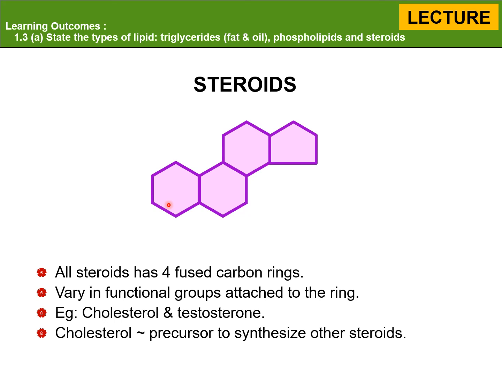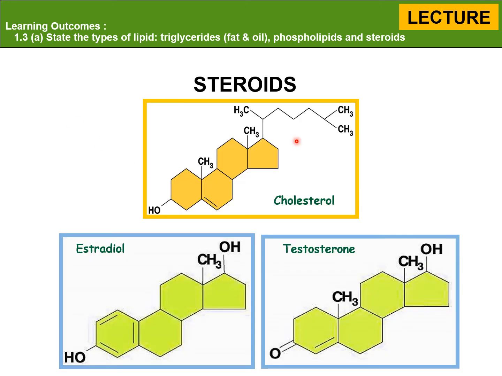Examples of steroids are cholesterol and testosterone. Cholesterol is the precursor to synthesize other steroids. From the diagram, we can see that the 4 fused carbon rings are attached with various functional groups.